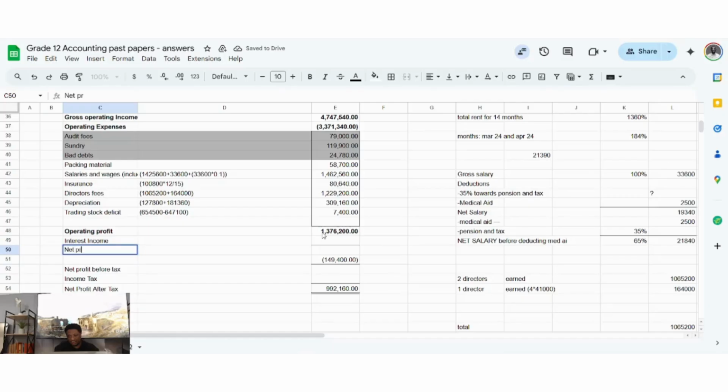So this is the net profit before interest expense, and then this was the interest expense. So let's see if we can fill out this information without having to look at the information.